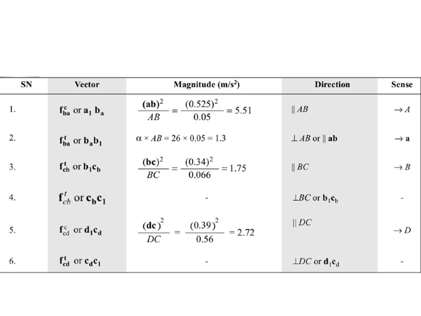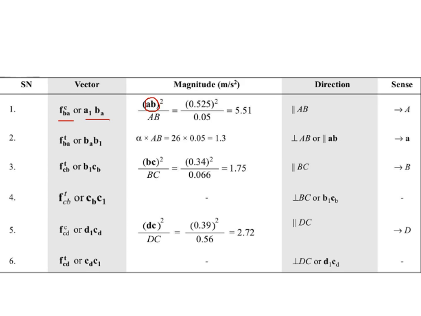So the first term is FCBA, that is the centripetal part. The centripetal acceleration for the BA component is nothing but A1 to BA. It will be AB squared divided by AB, where small ab represents the velocity of AB.